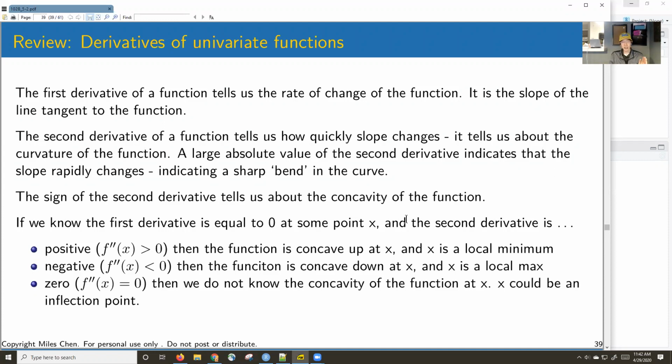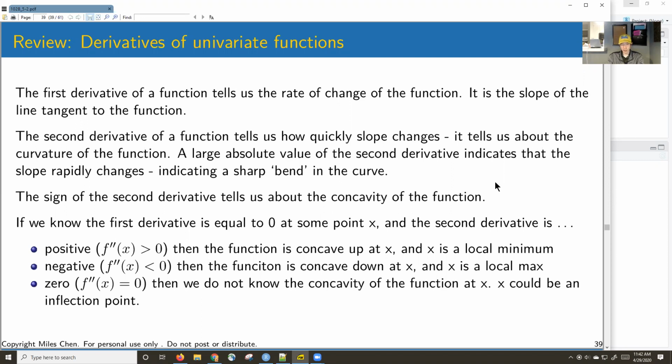A negative second derivative means you started off with a positive slope, which becomes less and less positive until it reaches 0, and then becomes more negative, indicating a local max. And if the second derivative is equal to 0, then maybe you've got an inflection point or something like that. That's your review of univariate functions.